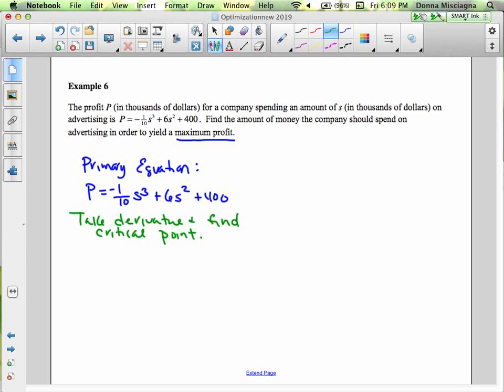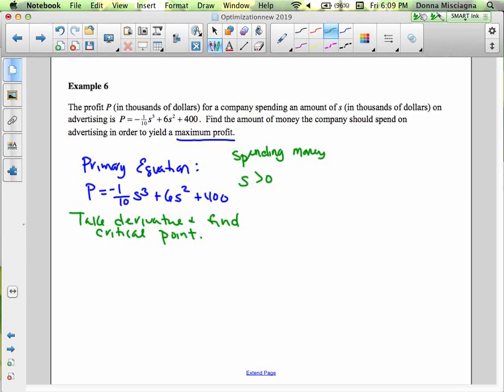Well, yes, you could lose money, but since we want a maximum profit, let's assume that profit should probably be greater than 0, or you haven't made any profit at all. And they're spending money, so S here stands for spending money. If they're spending money, that's going to be positive. So S is going to be greater than 0.